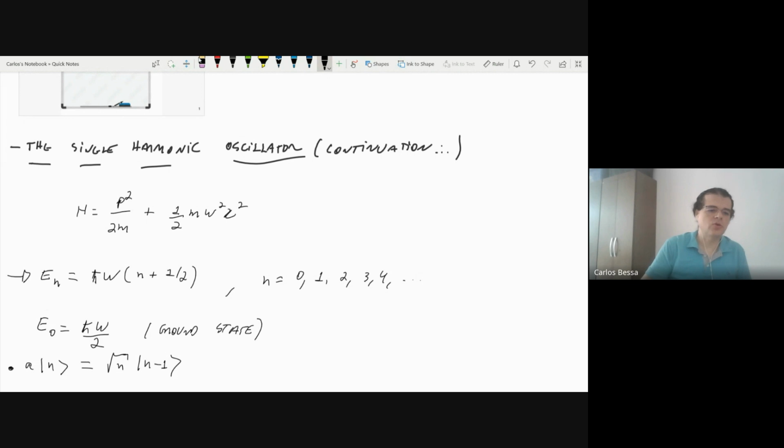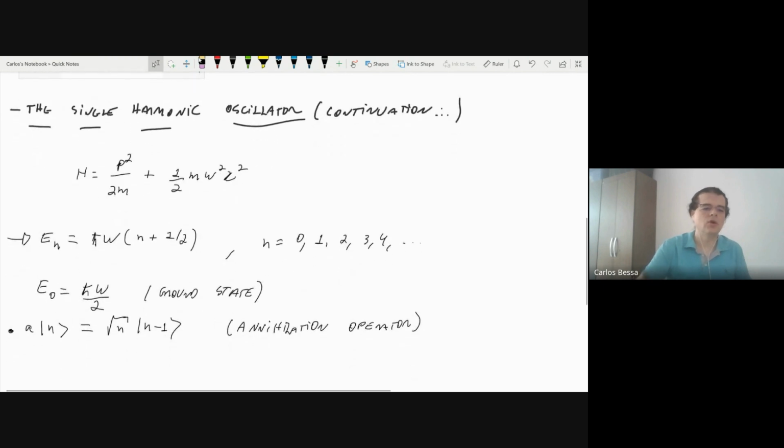And that's why it's called the annihilation operator, because since you are in a state, the next state when applied is always one down. But this stops in the ground state, right?